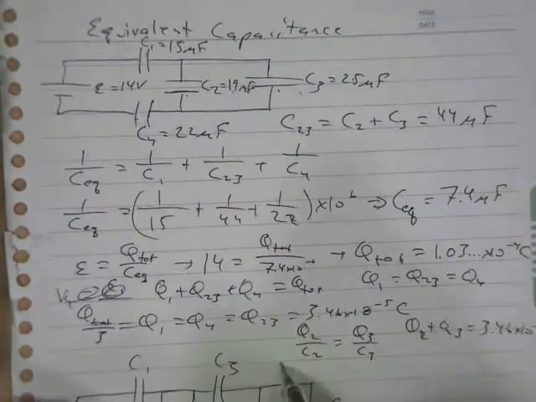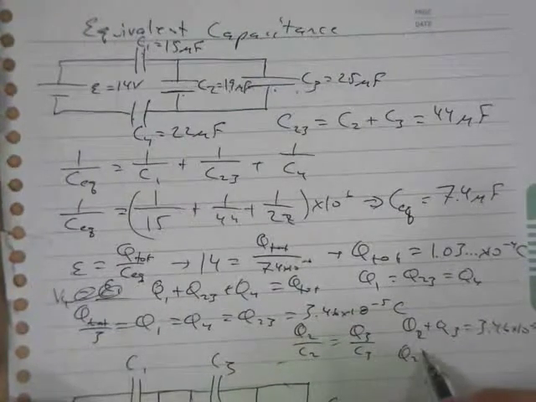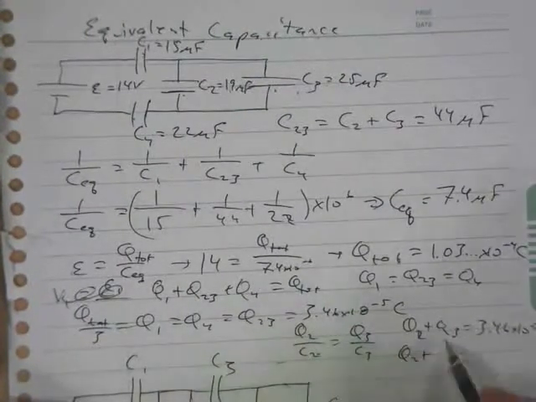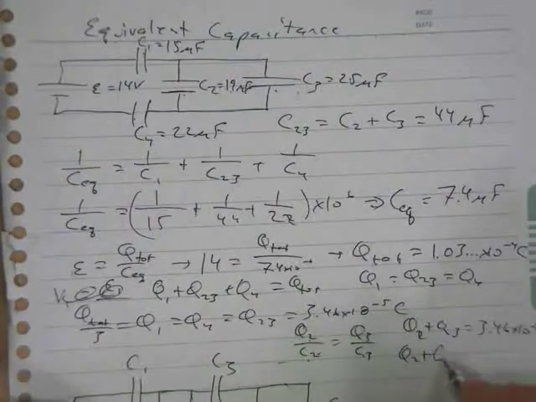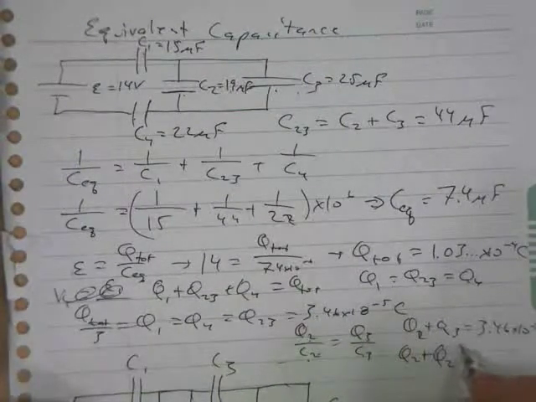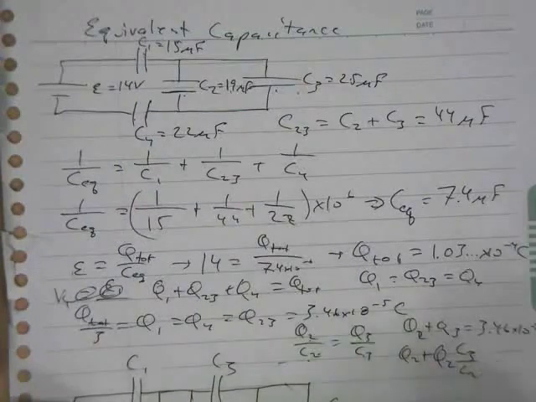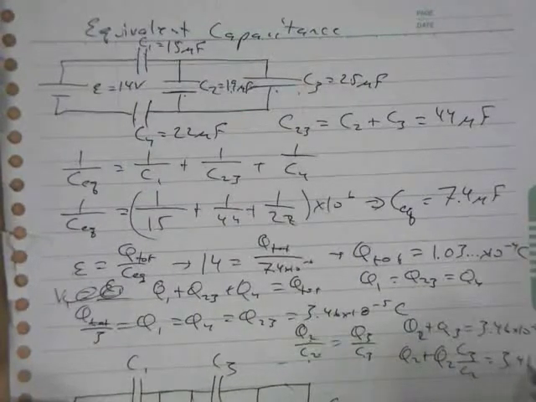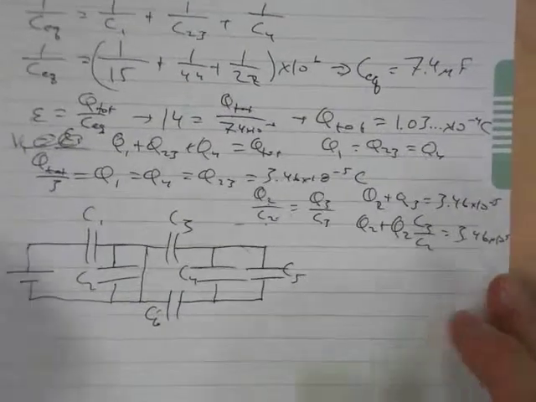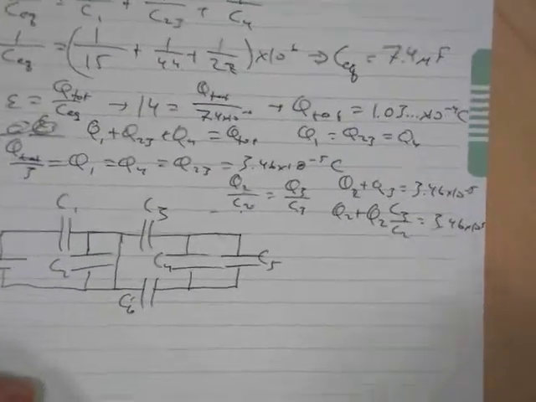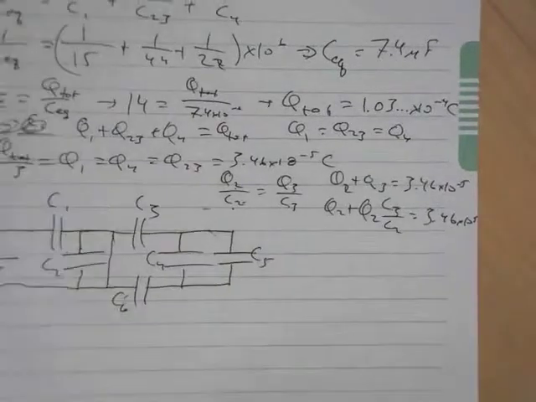So we've got a bit of a system here. We can say Q2 plus, if we substitute in, Q3 would be equal to Q2 times C3 over C2, and then figure out what charge is on each of those. I'm running out of space here, and I have another circuit down below, but we can go ahead and punch this in anyway.